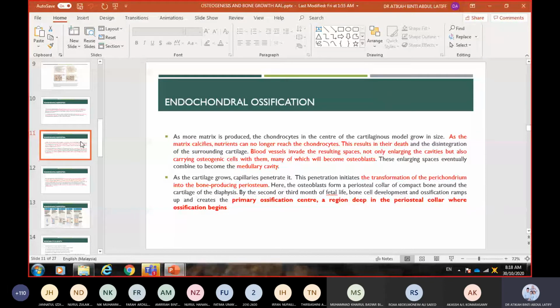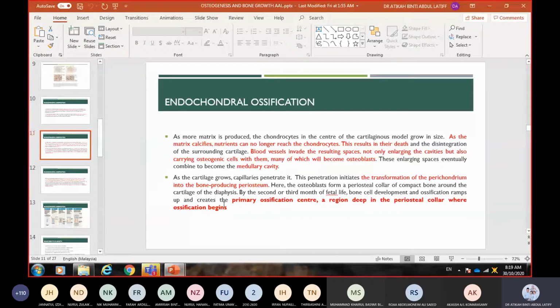Blood vessels invade the resulting spaces, not only enlarging the cavities but also carrying osteogenic cells with them, many of which become osteoblasts. These enlarging spaces eventually combine to become the medullary cavity. As the cartilage grows, capillaries start to penetrate it and initiate the transformation of perichondrium into bone-producing periosteum.